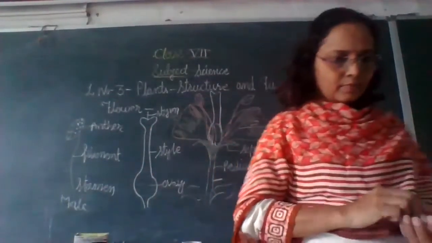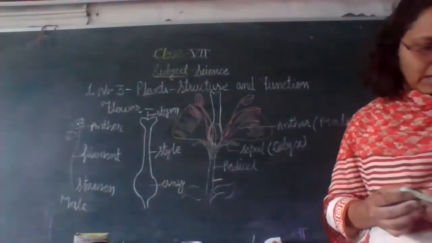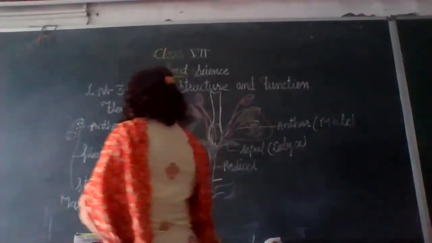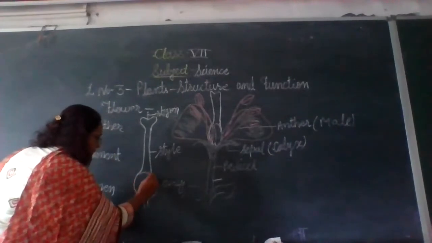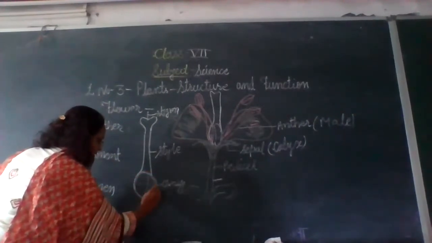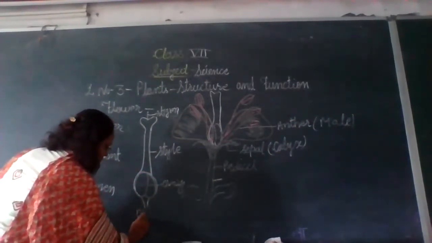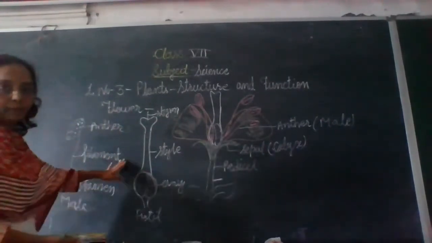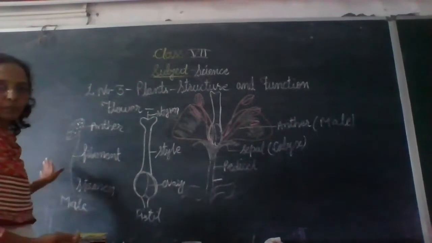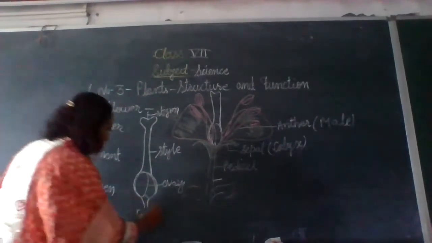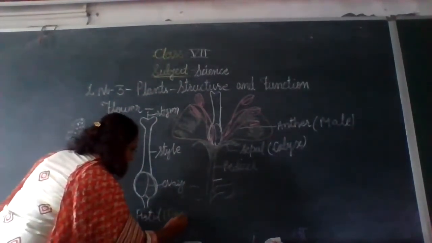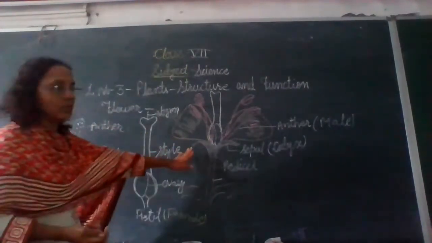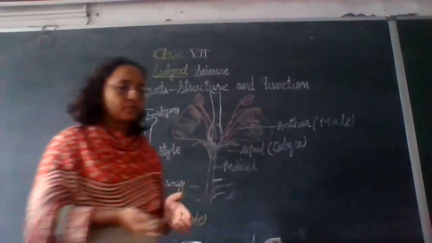This complete structure is called a pistil. It represents the female reproductive part, while the stamen is the male reproductive part. And the complete structure is called the flower.